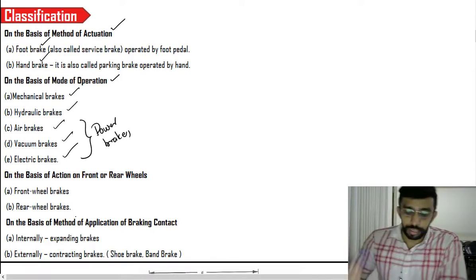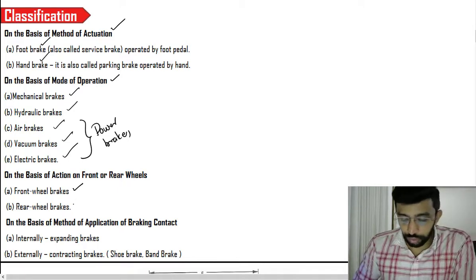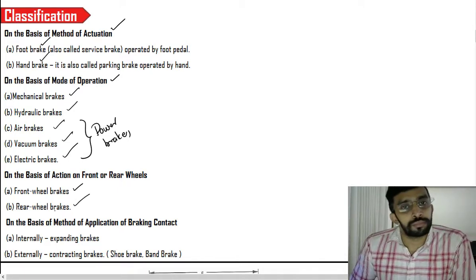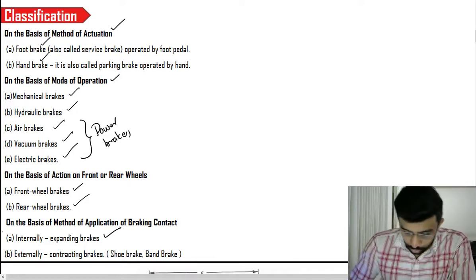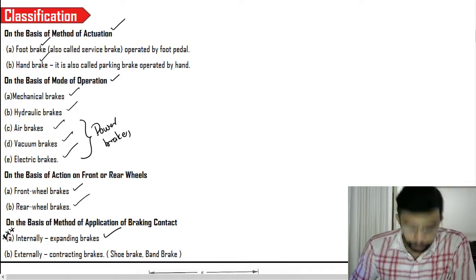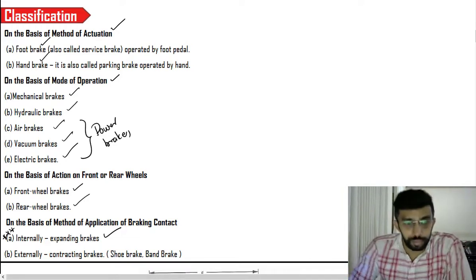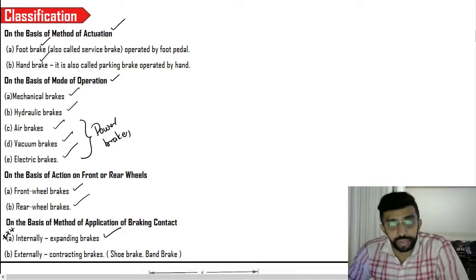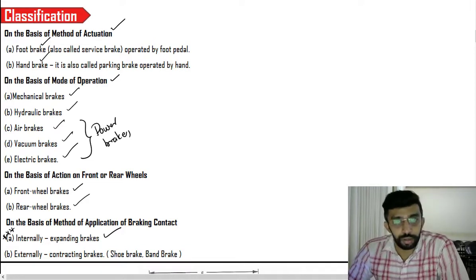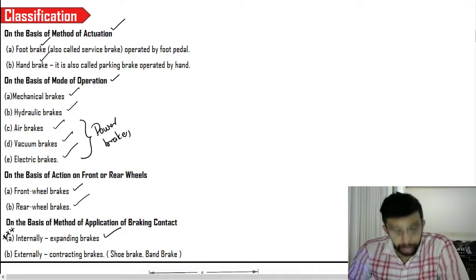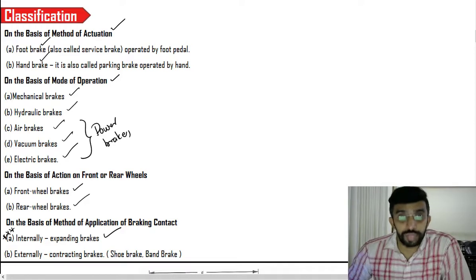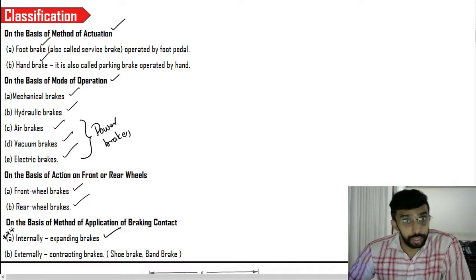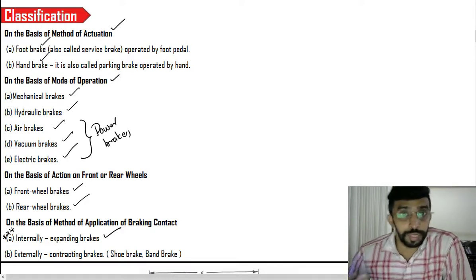Now, based upon the action, we have got four-wheel brakes and rail-wheel brakes, very self-explanatory, and we have internally expanding brakes. This is one of the most important categories, which most automobiles now use. Nowadays they are trying to shift towards the disc brake along with ABS, and a lot of advancement is happening in the automobile field, because day by day the efficiency of the engine is increasing, and the top speed or the maximum attainable speed is also increasing.